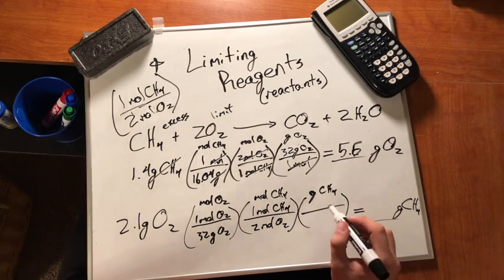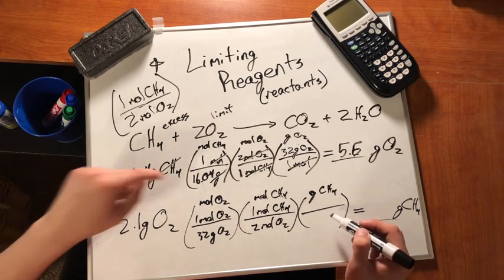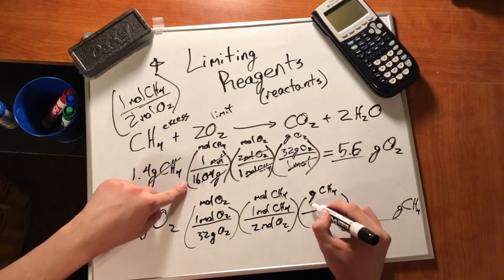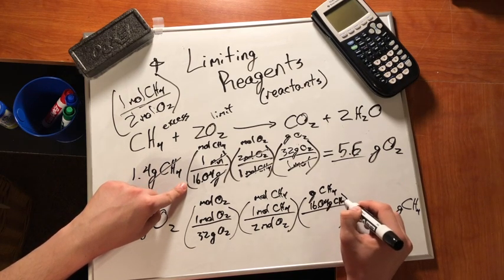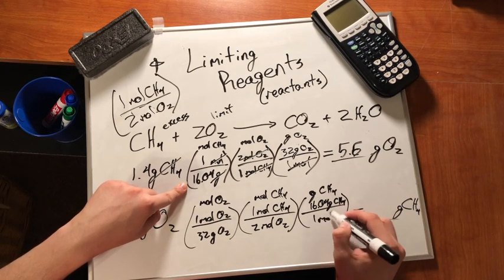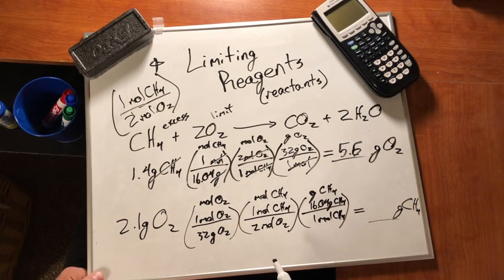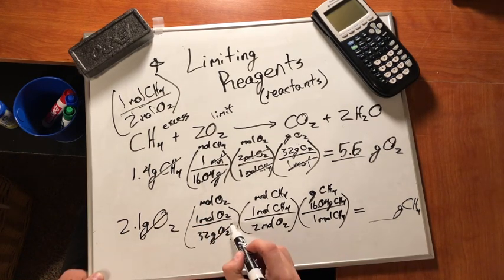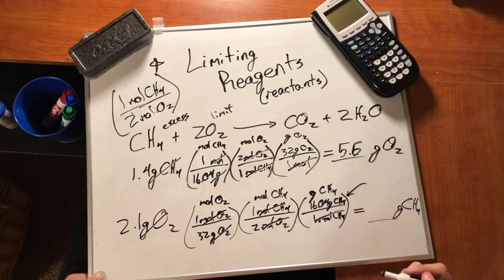And then the last step is getting from moles of CH4 to grams of CH4, and I'm going to use my molar mass to do that. We already calculated it right here, so I know that's going to be 16.04 grams of methane for every mole of methane. And again, I double check to make sure things cancel out correctly. Grams of O2 cancels out here, moles of O2 cancels out there, moles of methane cancels out there, and I'm left with grams of methane, which is what I'm trying to convert to.